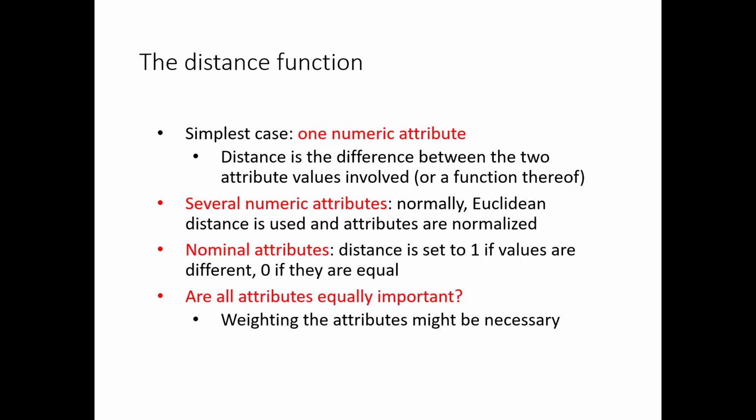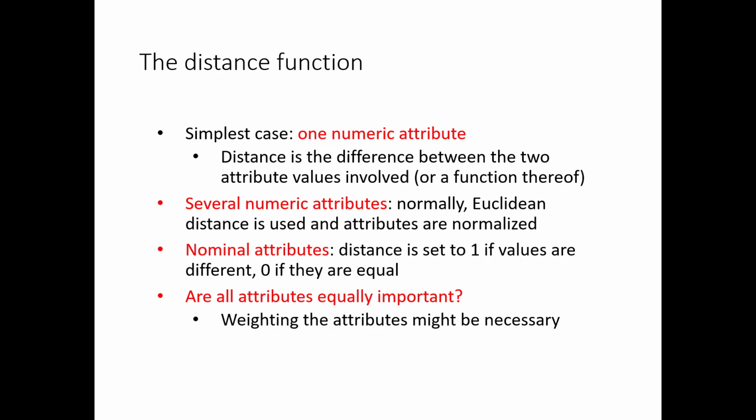Categorical data means, for example, outlook, where we have sunny, overcast, rainy, and so on. If you have a nominal attribute like that, how do you calculate the distance? Usually you look at the values. If the values are the same, we say the distance is 0. If the values are different, we say the distance is 1.